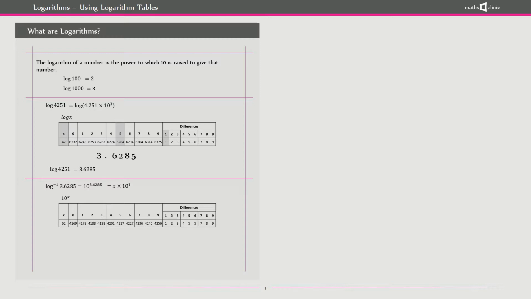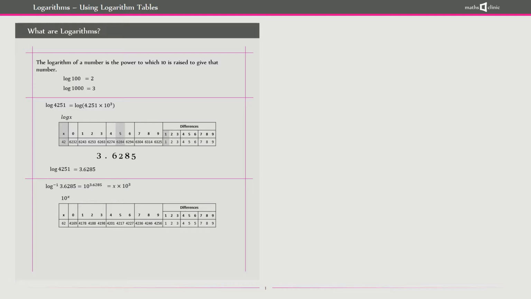So we take that back, and we have our whole number as the index of 10 with the number expressed in standard form. So 10 to the power of 3.6285 equals x times 10 to the power of 3. Now we're looking for x, a number in its standard form that will multiply 10 to the power of 3 and whose logarithm is 3.6285.